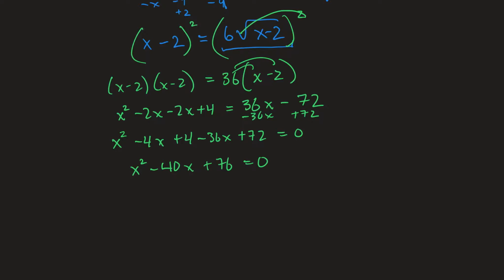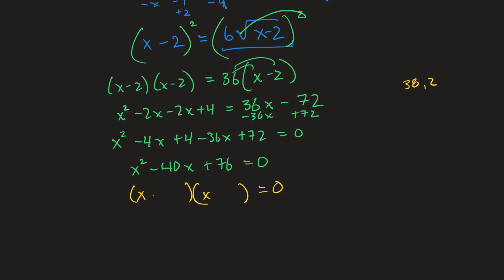Now, I need to factor that. So things that multiply to 76 and add to 40. I know it's going to be an x and an x. Now, I looked at the answers, and I think there was a 38 and a 2 in there. 38 times 2 is 76, and when you add them, it's 40.